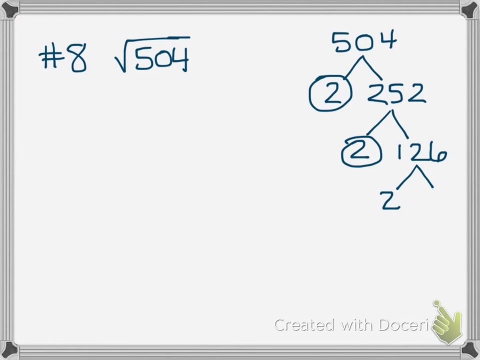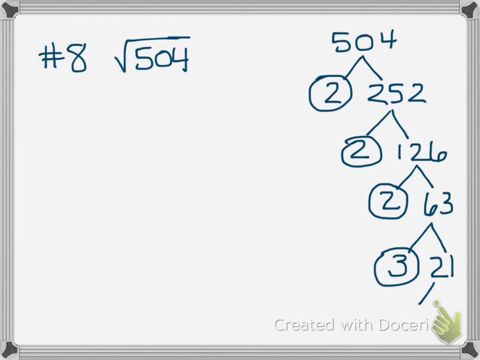126, there's still another factor of 2 there. I like to take all the 2's out first, because then that just makes it simpler. So this becomes 63, 126 divided by 2. Now I don't have any more factors of 2, but I can see that 63 is divisible by 3, and that would be 3 times 21. 3 is prime, and so 21 factors to 3 times 7, which is prime.